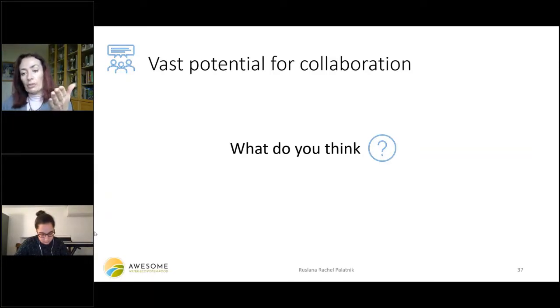Therefore, validation efforts are quite scarce, but there are validation efforts.